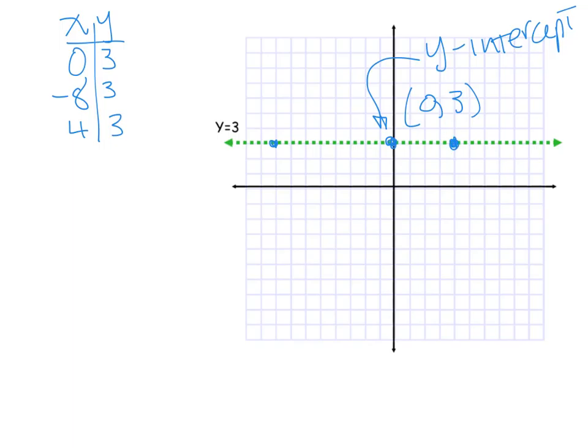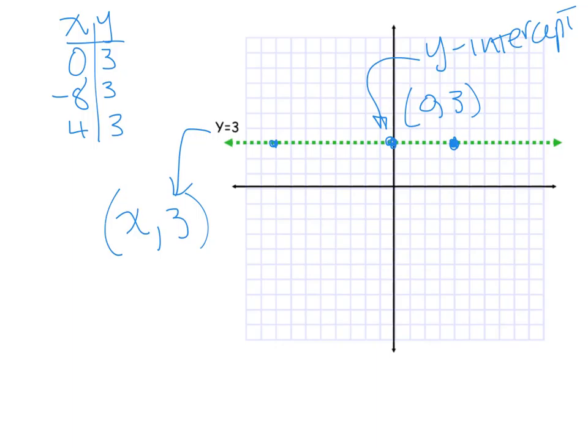Every point on this line is of the form (some value of x, 3). Hence the equation y equals 3, because y is always 3 on a horizontal line.